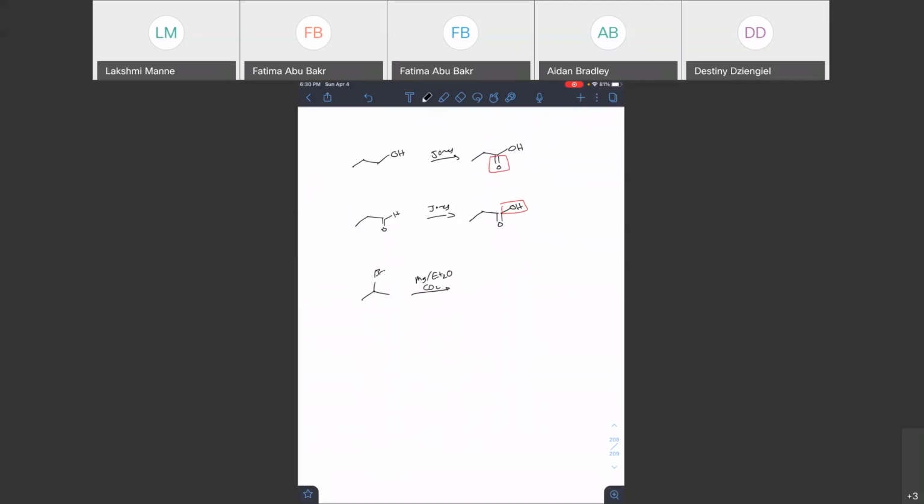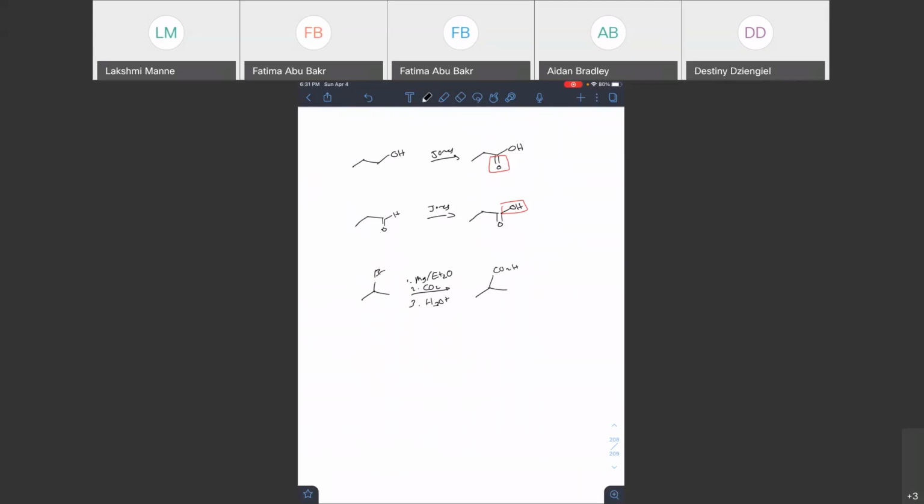You also obviously need your H3O+ there. Once you have a Grignard and react it with CO2, it literally just makes a carboxylic acid. It makes so much sense, because if you draw it out, it's exactly what you would expect.